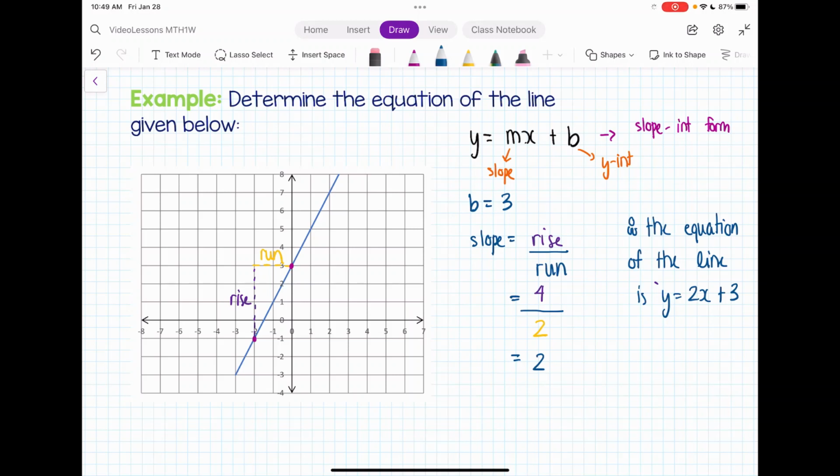Now, just to remind you of a few things. When we talked about slope in the previous lesson, I mentioned how if your line is going upwards, as if you are going up an escalator or climbing upstairs, your slope will be positive. And if your line is sloping downwards, like you're sliding down a slide, then your slope will be negative.